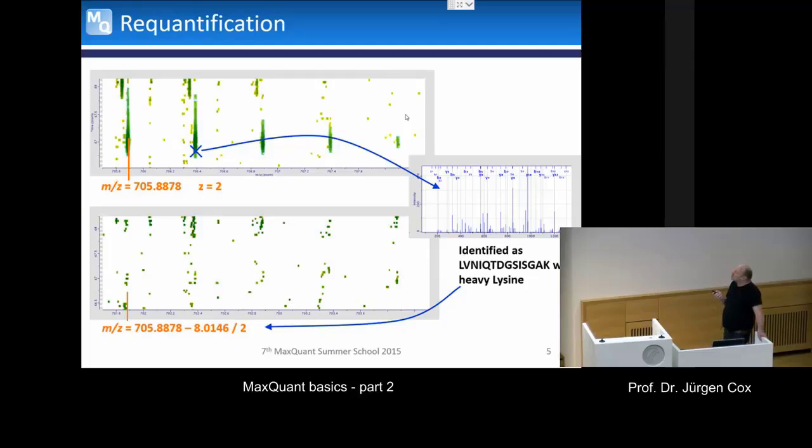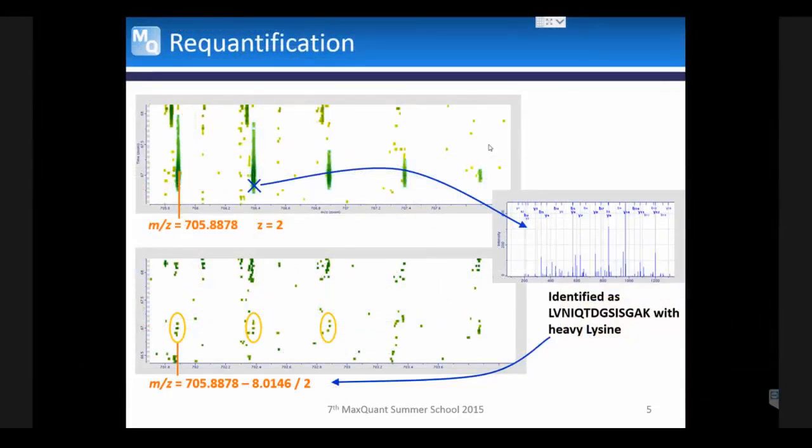Knowing where the isotope pattern is and what the identity is, we know where the partner should be if it's actually there. Then we have a closer look at exactly these positions where the partner is supposed to be. In this case, you see that there is something just emerging from the noise, which looks like the partner. These features are also collected, and one does the quantification against these.